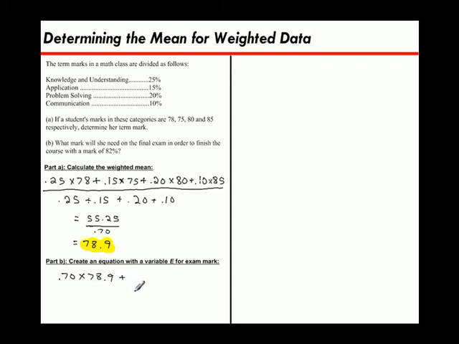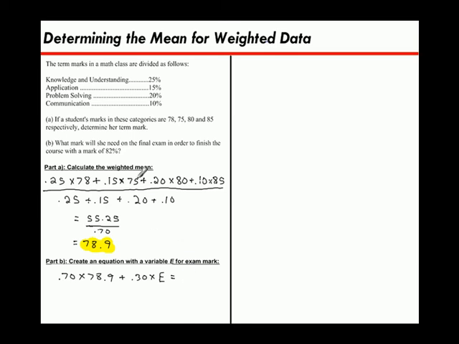Now, since all course marks must be out of 100, or 100%, that means that the exam must be worth 30%. 70 and 30 make 100. But we don't know what she needs to get on the exam, so that's where the e variable comes in. And this entire equation represents her mark in the course overall after the exam and after her term work.